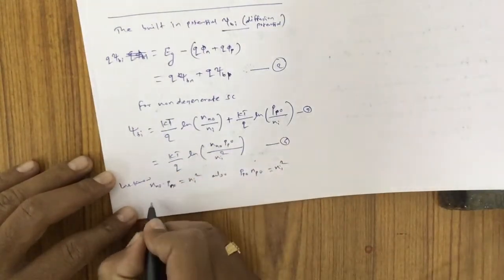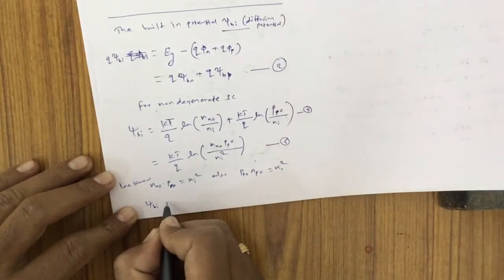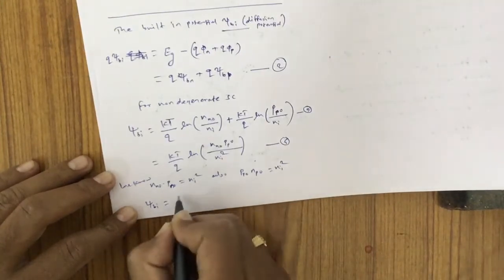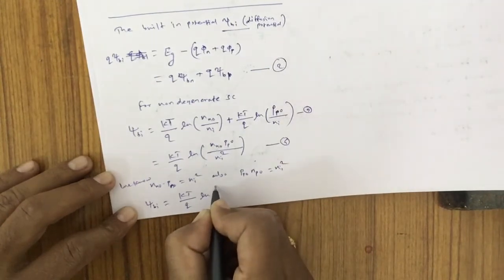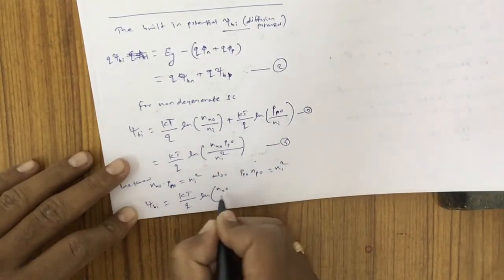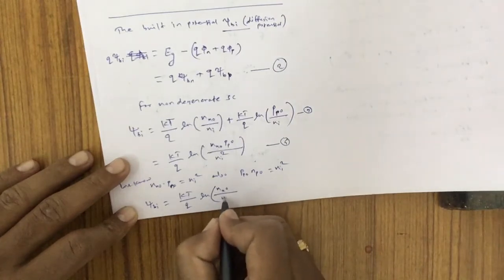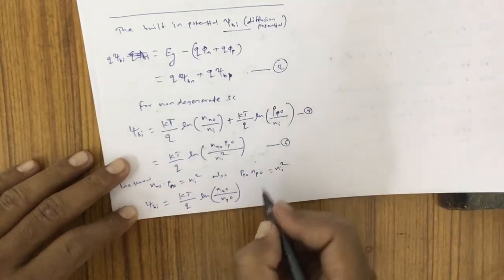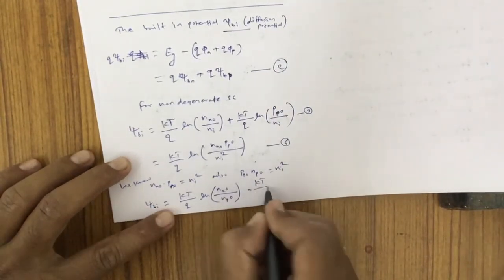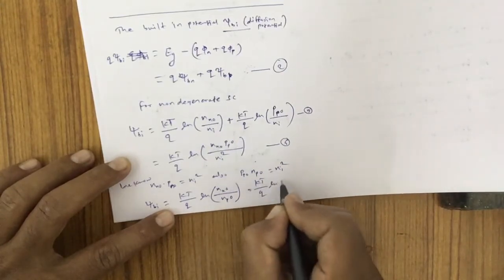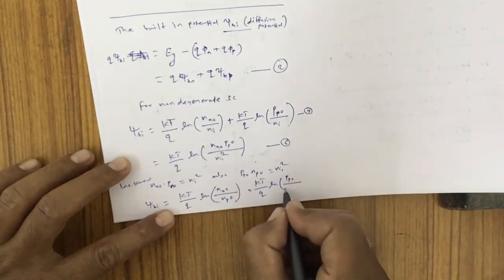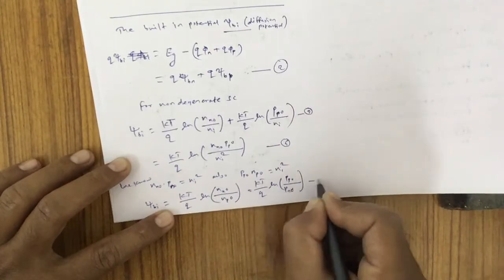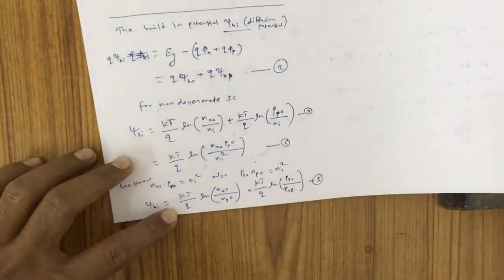So the built-in potential psi bi is equal to kT by q ln of nn0 upon np0, or else we can have the other equation as well, that is kT by q ln of pp0 upon pn0. Such a relation can also be written down.